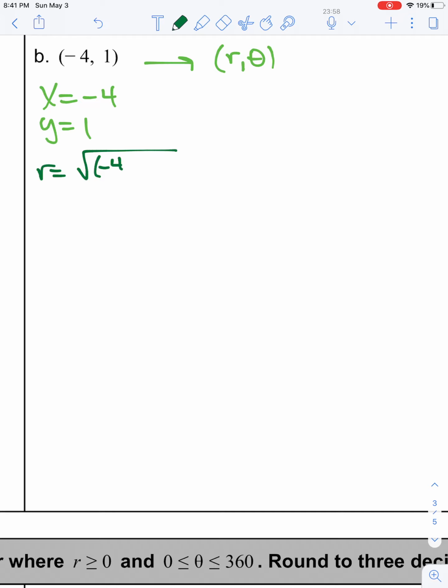We're going to go ahead and take that negative and square it, plus y, which is 1 squared. Okay, so this will equal the square root of 16 plus 1, which is the square root of 17. And utilizing my calculator, I can say that that is approximately 4.123 when rounded to 3 decimal places.